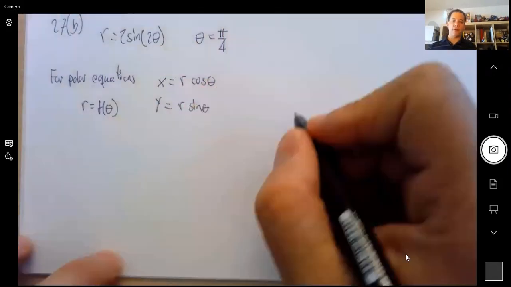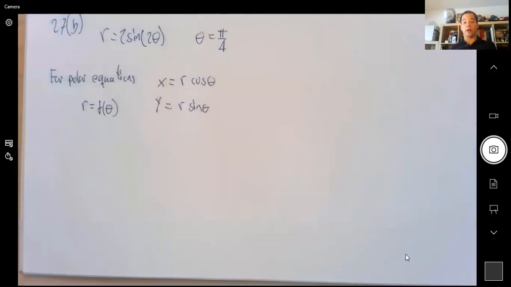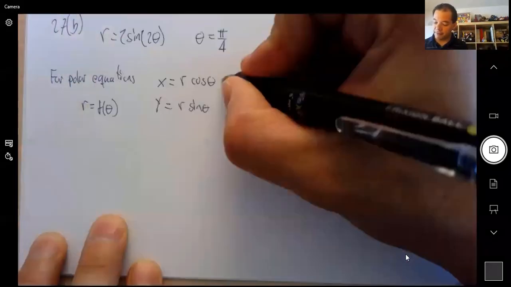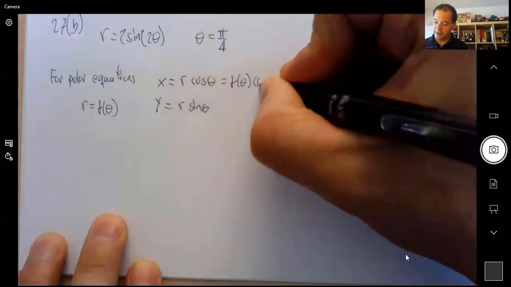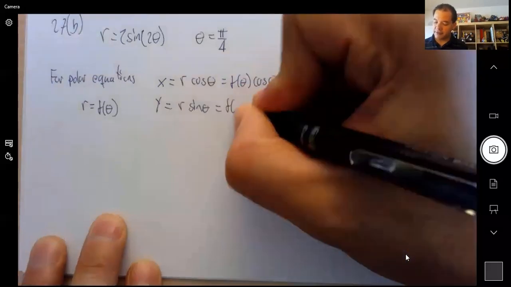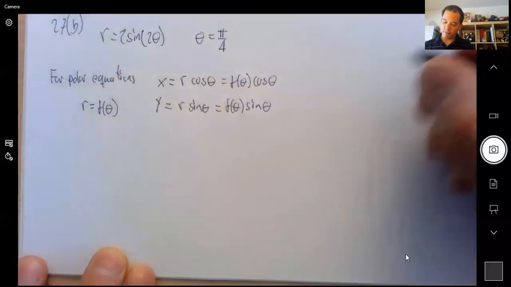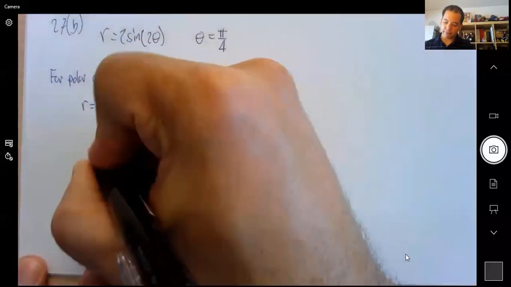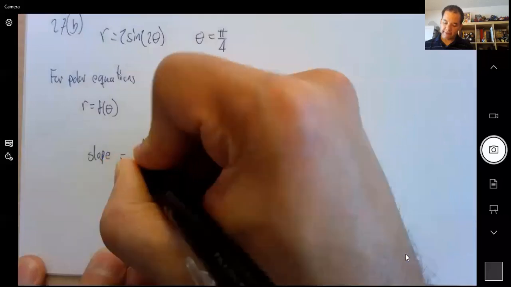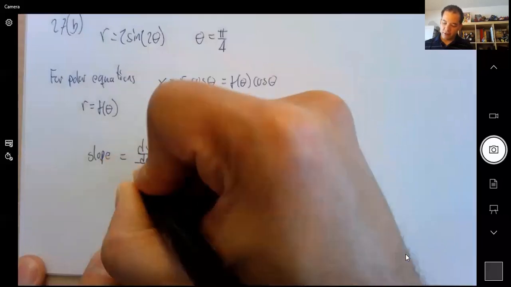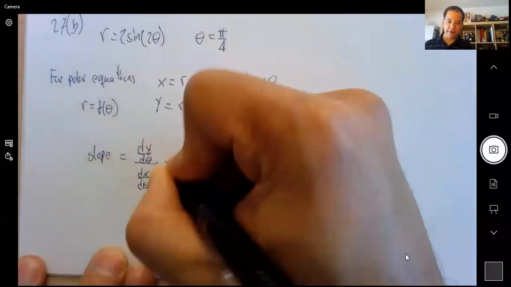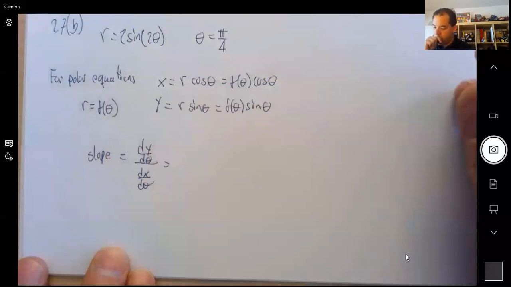That's how we go from polar to rectangular. But r is f, so this is f cosine and this is f sine. So then if you want the slope, the slope will be dy d theta over dx d theta.